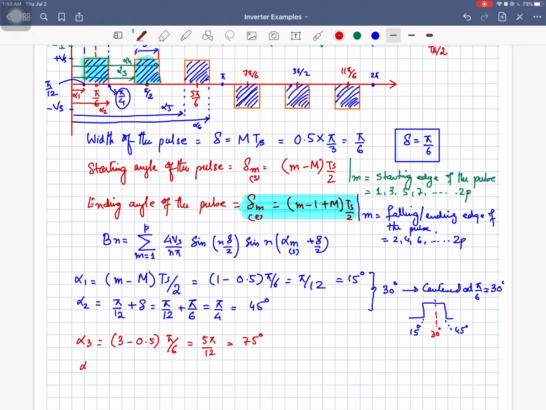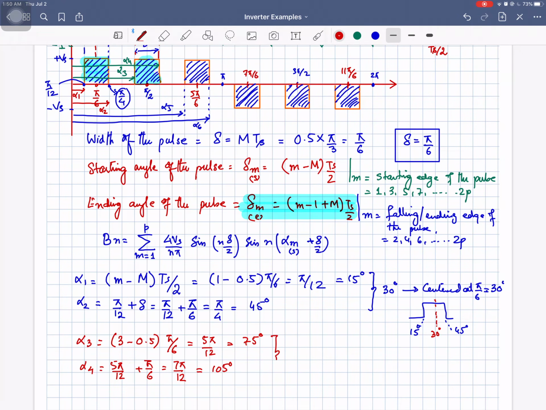And if I calculate alpha 4 using the second equation, we will get 105, or the other way around is that to the starting edge I am going to add the pulse width to get the ending edge. So 5 pi by 12 plus pi by 6, that is the width of the pulse. So I am going to get 7 pi by 12. So that is equal to 105 degree.